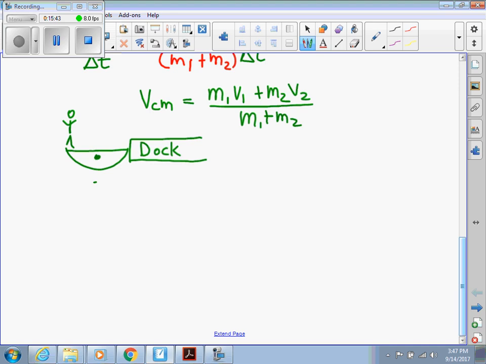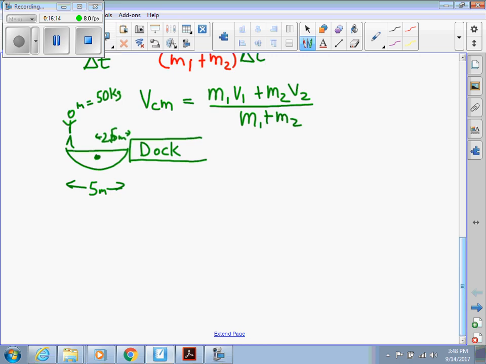The boat is about 5 meters long, and the center of mass is in the middle, about 2.5 meters from the edge of the boat. And the boy's standing on the opposite side, and the boy has a mass of 50 kilograms, which is around a 120 pound kid.